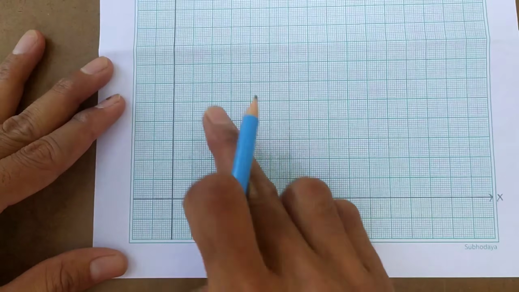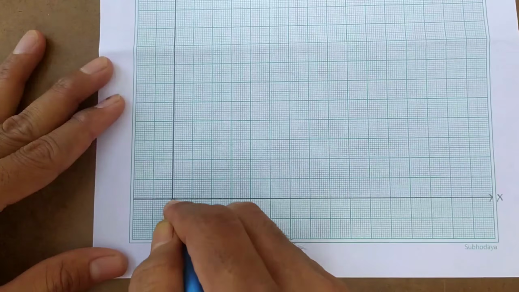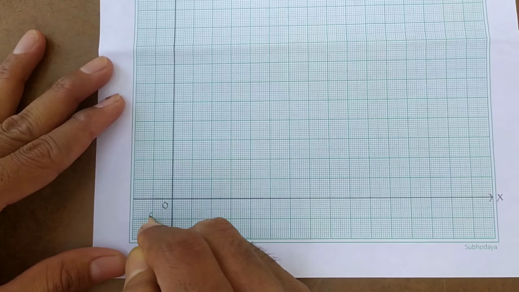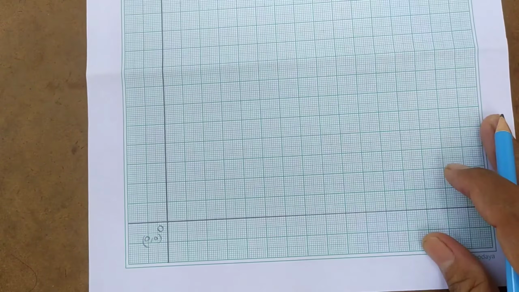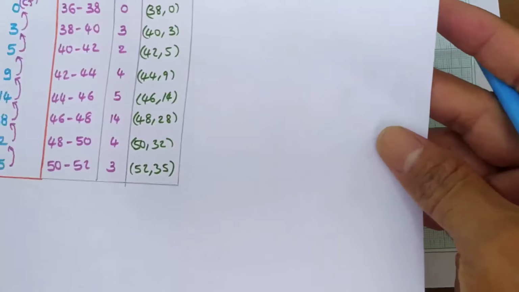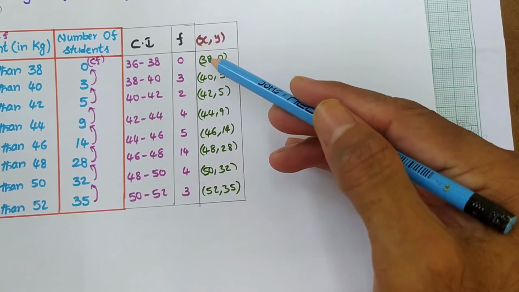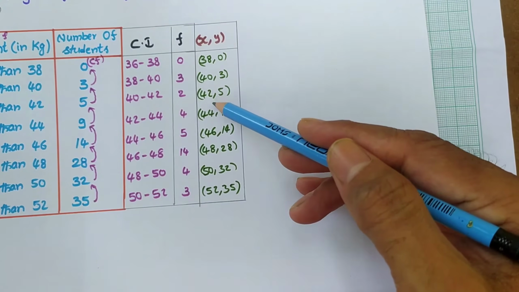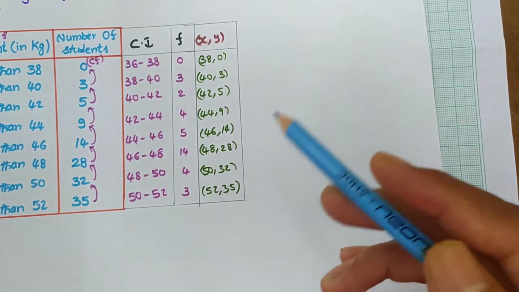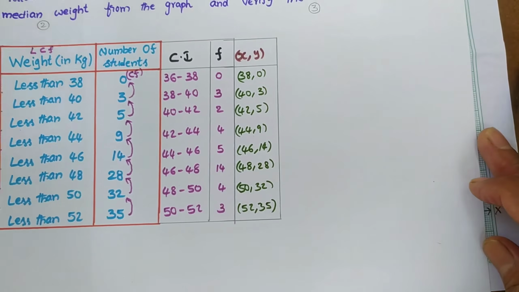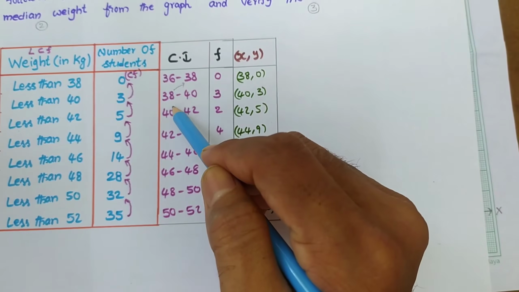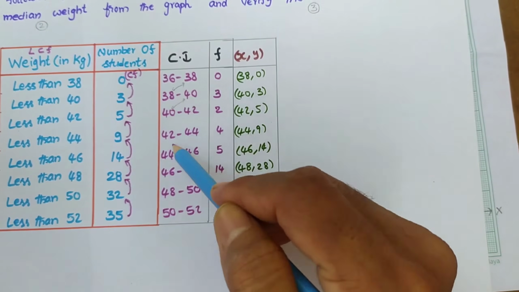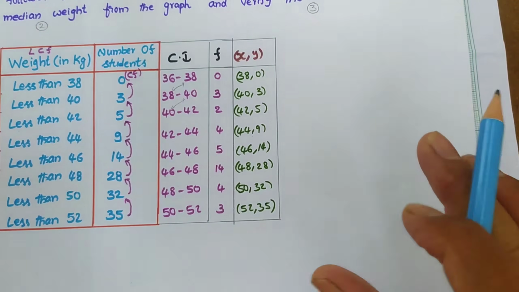Where x axis and y axis intersect, this point can be taken as O, that is origin 0, 0. Now let us observe the points. Here you see 38, 40, 42, 44, 46, 48, 50, 52. Here we need to verify whether first they are continuous or not. See 38, 38, 40, 40. So everywhere it is equal. So it is continuous. So we can draw the ogive for it now.